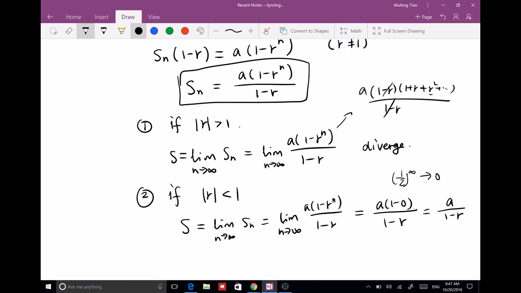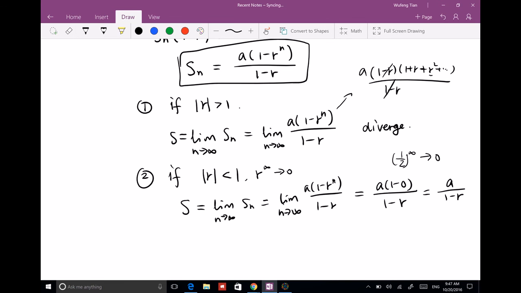If r is less than 1, then r^n, as n goes to infinity, equals 0. If r is less than 1, like 1/2 to the infinity, this goes to 0. So a times (1 minus 0) over (1 minus r), and the final answer is a over 1 minus r. If r is less than 1, r^n goes to 0, because you continue to multiply by a number less than 1, so it goes to 0.